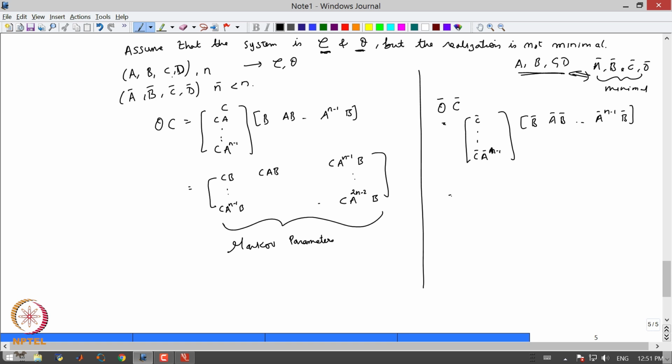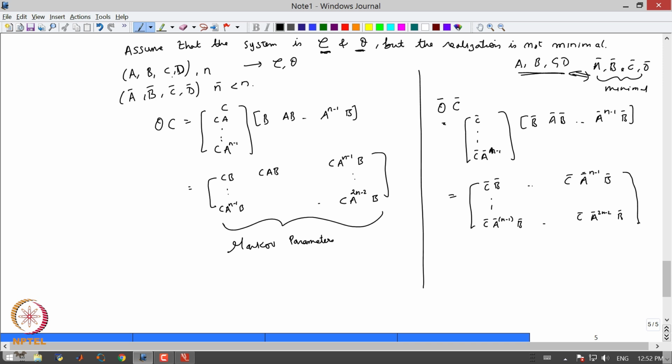Again I will have the Markov parameters now in terms of C bar, A bar, B bar, and so on till C bar A bar^(2n-2) B bar.